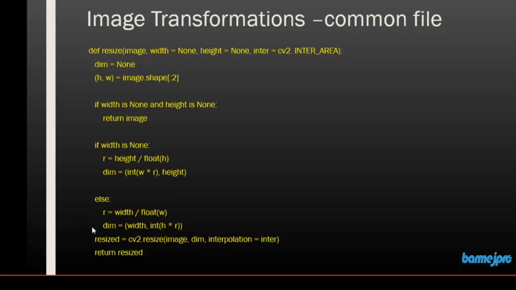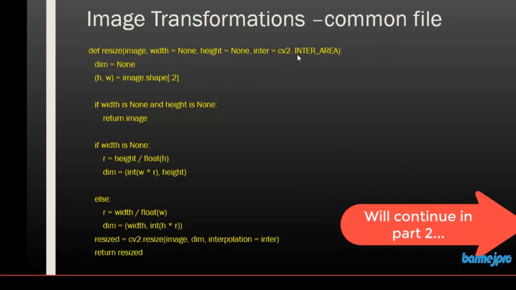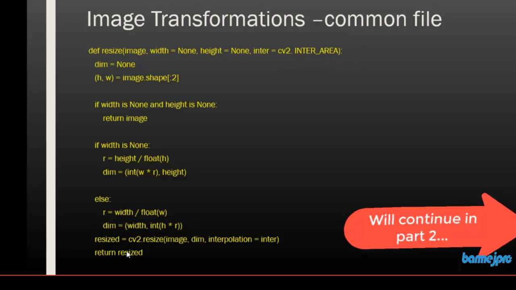Now we have the dimension ready. Let's go ahead and resize the image by calling cv2.resize. The first argument is the image, the second argument is the dimension, returned from either of these branches. Then the interpolation, which is inter area. If you want to specify it, you can, or else it will take cv2.INTER_AREA, and it will return the resized image.